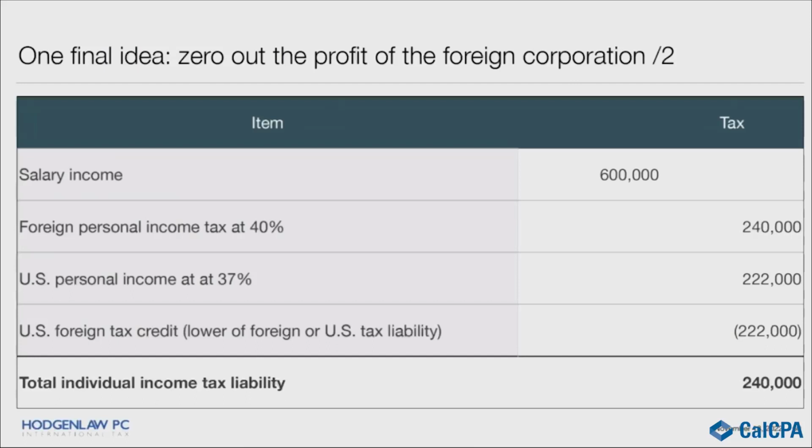We know because of Section 901, the direct foreign tax credit, and Section 904, which is the limit on how much tax credit you can take, that the allowable foreign tax credit is going to be the lower of the two. So in this case, the U.S. tax liability, $222,000. And the only income tax cost we have is the individual income tax liability imposed by the foreign country on that $600,000 of personal services income.